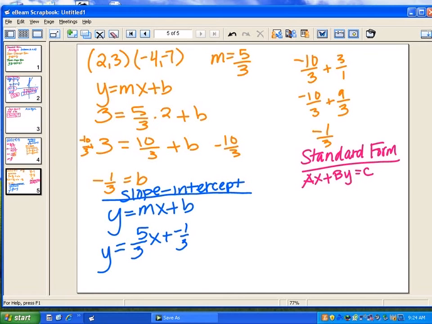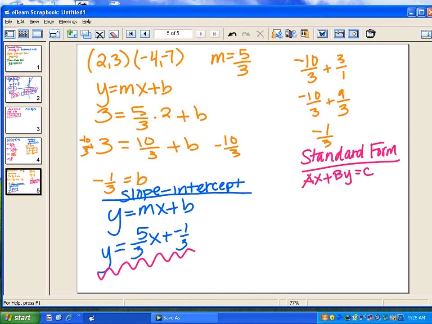Want some help? Yes. Emma, do you know? Either of you know? You plug in a point for x and y. Okay, why do I need it? I got all these numbers. How do I get this thing right here to go to standard form?